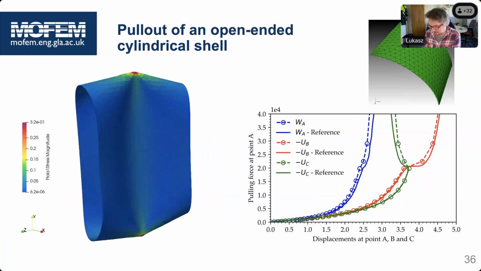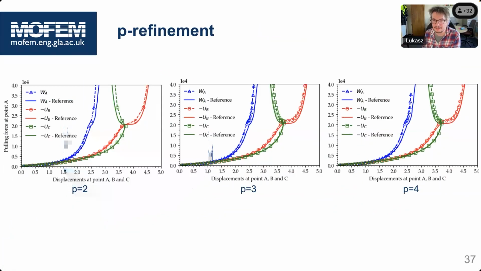This is a different kind of problem. You can see as well how the comparison with p-refinement looks, and again nice convergence. Just to reassure you that we're doing tests so that everything works as it should.